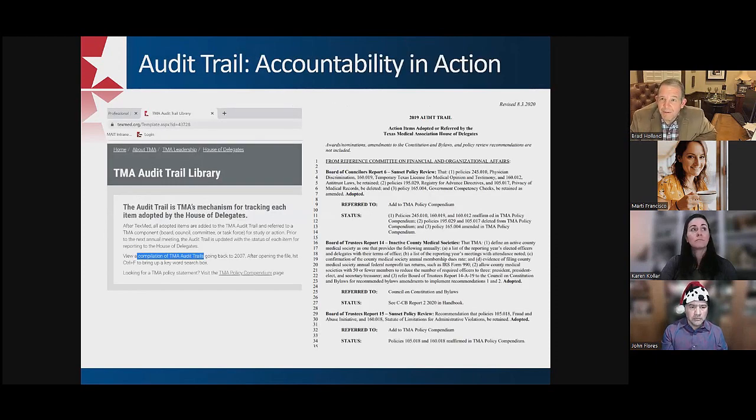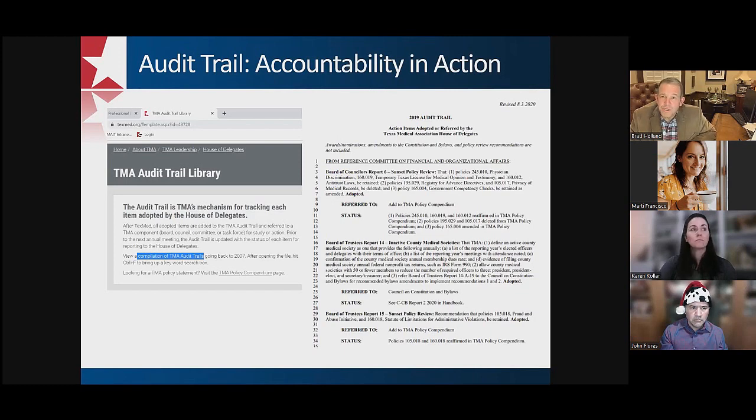You can see an example there, an audit trail item on a reference committee on FO&A and some policy compendium changes. I won't belabor that point. If you ever have trouble navigating or understanding it, our House staff, Marty, is able to help. Brad Burnett is also on the House staff, and both of them are available for that.